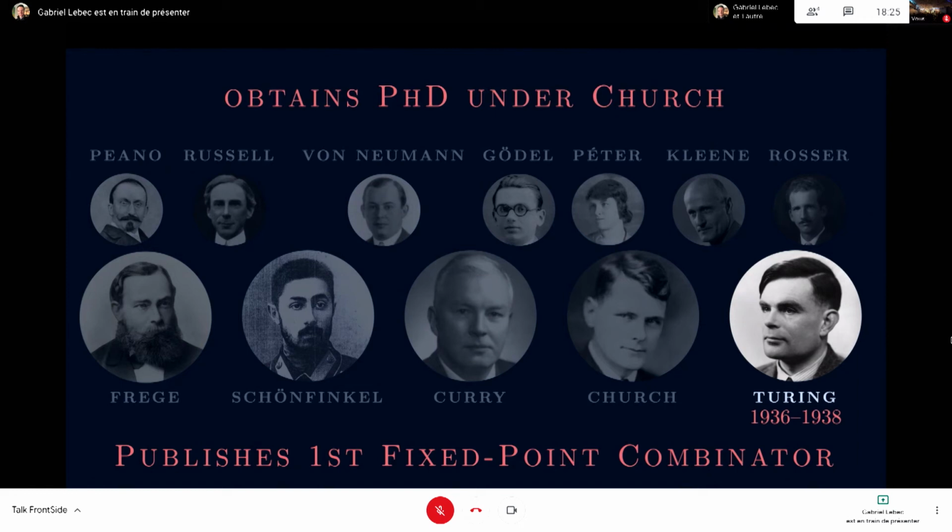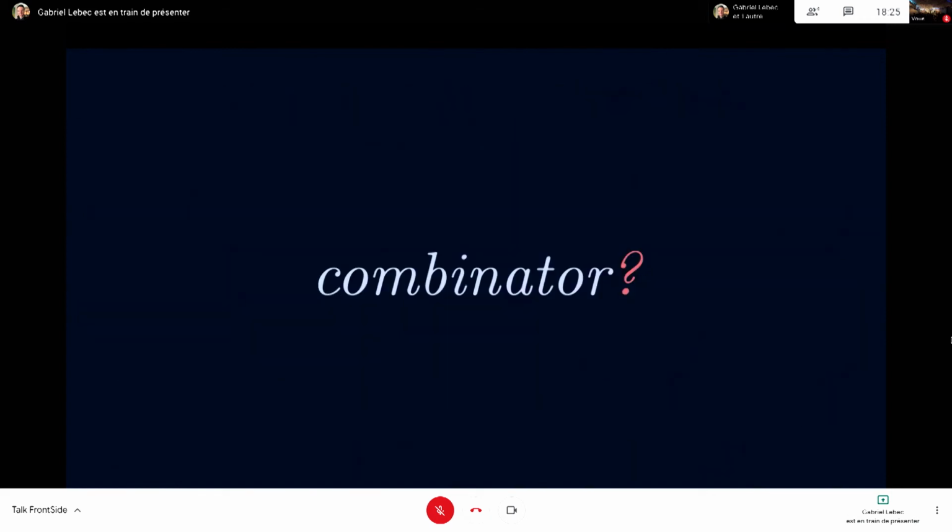So this sort of suggests, and this is what's known as the Church-Turing thesis, this kind of indirectly, subjectively suggests that that model of computation that all three of these things surface is sort of some kind of underlying version of reality, mathematical reality, that is interesting and useful. So anyway, he actually goes to Princeton, studies under Church, publishes the first fixed point combinator, does a lot of other things.